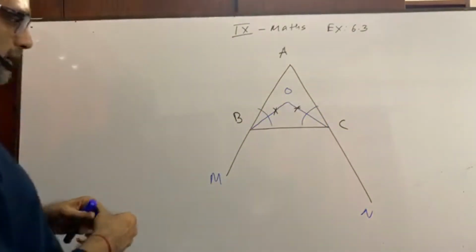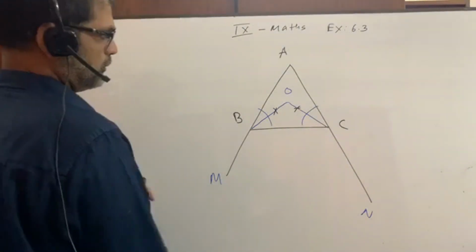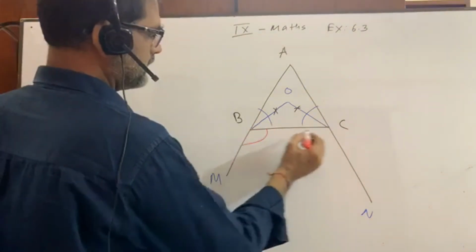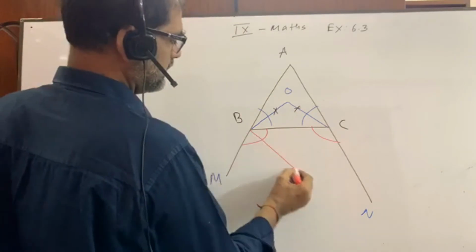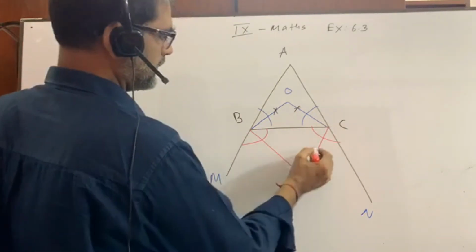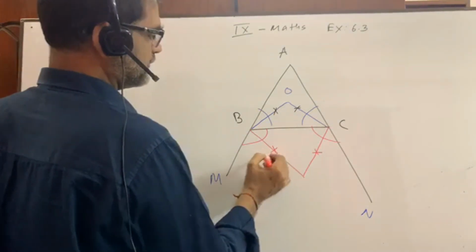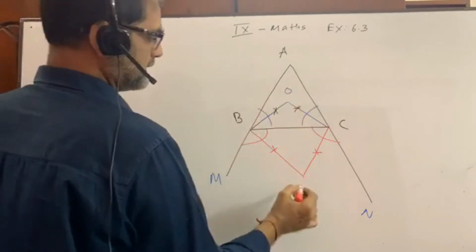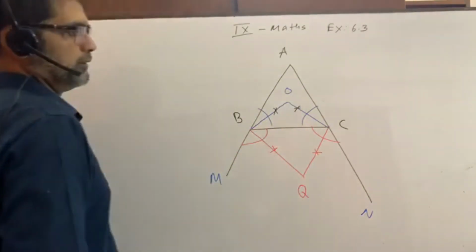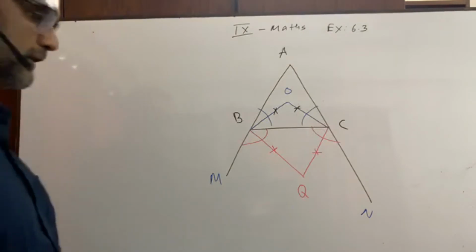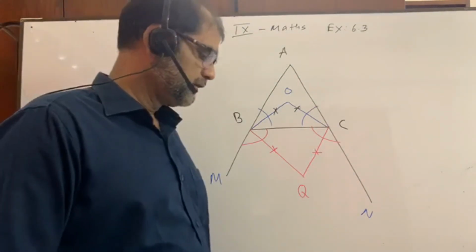now in the same way we are getting their external bisector. As it is O, I can name this one Q. For the two maths I have drawn one figure.